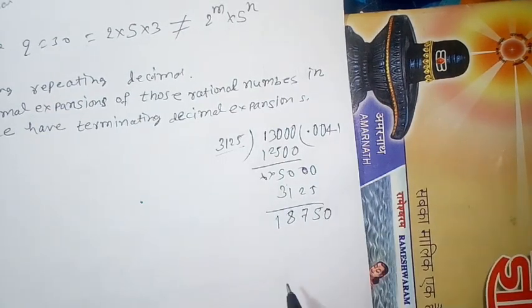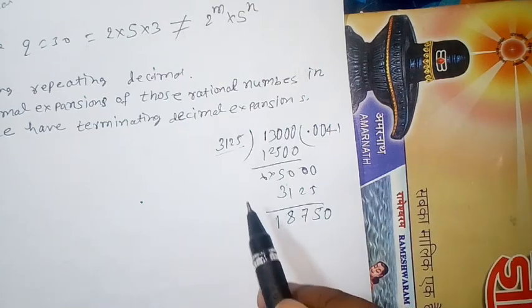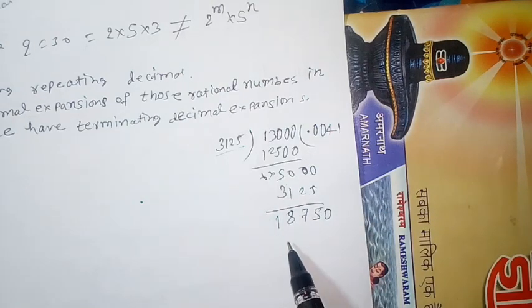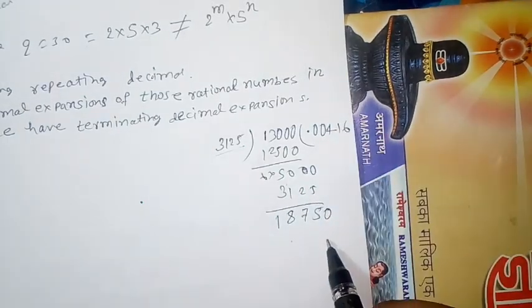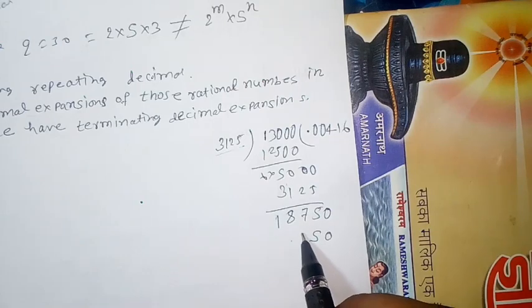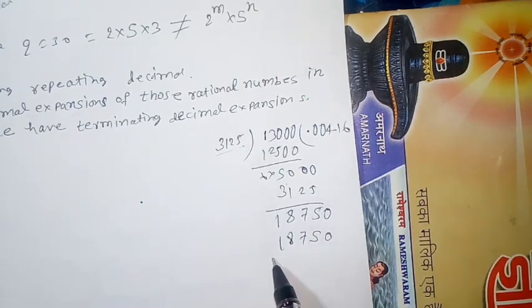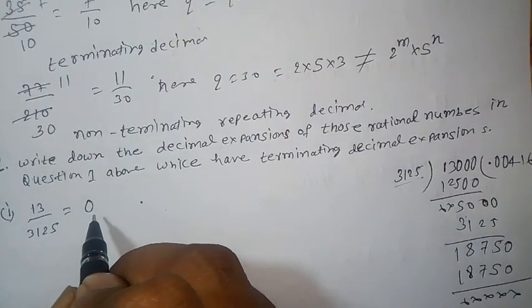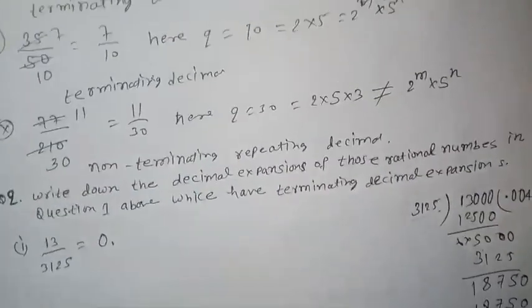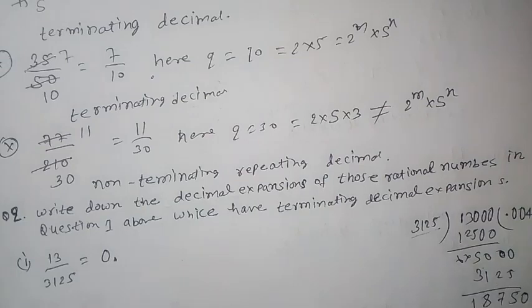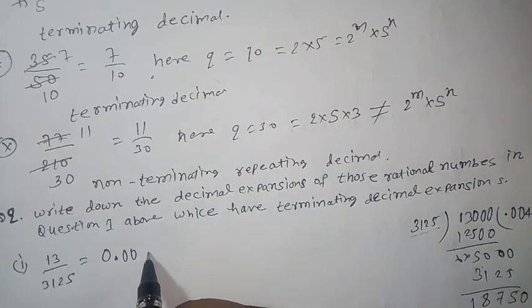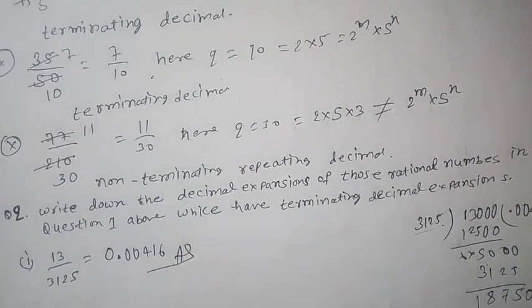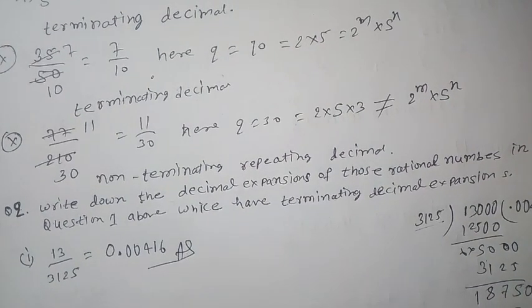Again I put 0, and 3 sixes are 18. So in 6 times we get remainder 0. So the decimal expression is equal to 0.00416, putting 0 before the decimal. 0.00416 is the answer.